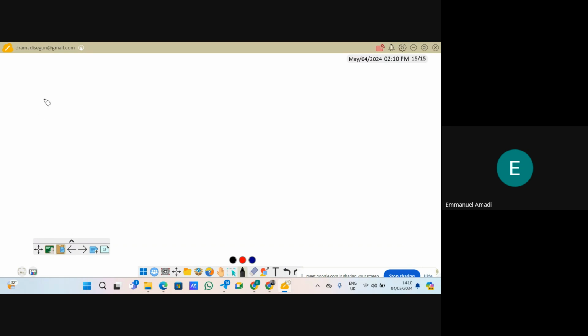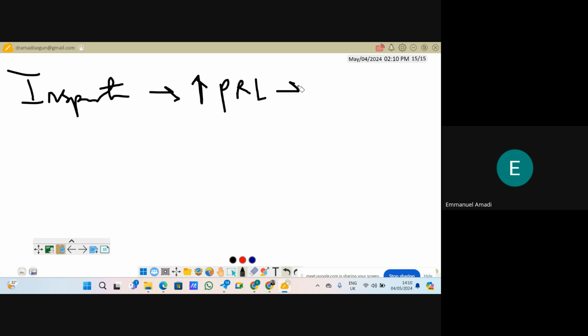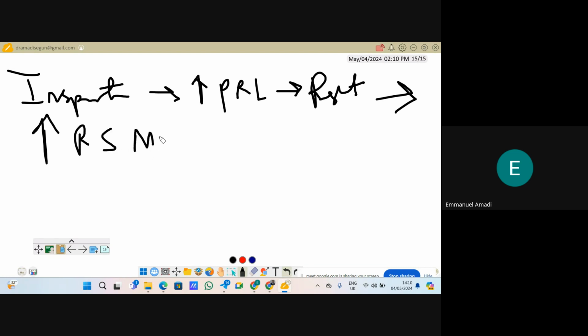So during inspiration, this is what happens. There's increased preload to the right, so automatically there'll be increased right-sided murmurs. So right-sided murmurs will go up.